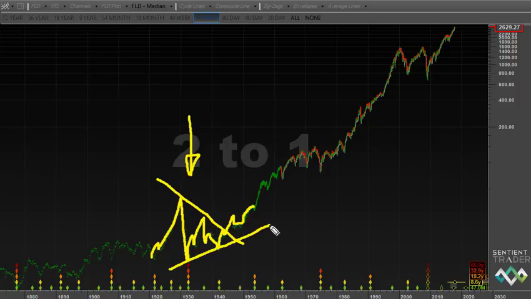Now, when it comes to performing a Hurst cycles analysis, and we're faced with a triangle, one of the decisions that one has to make when doing your analysis is, do you place the really big trough at the end of that first big move down, in this case 1932, or do you place the trough at the end of the formation of the triangle, which in this case would be, I think, 1942, if memory serves me correctly.